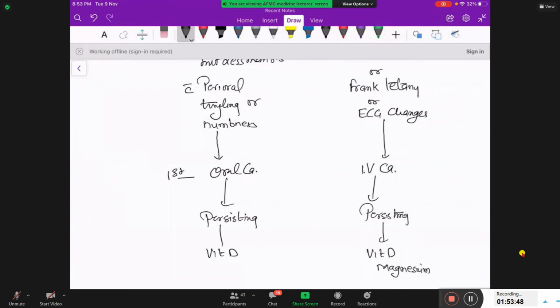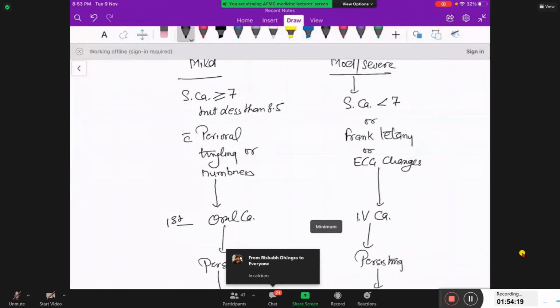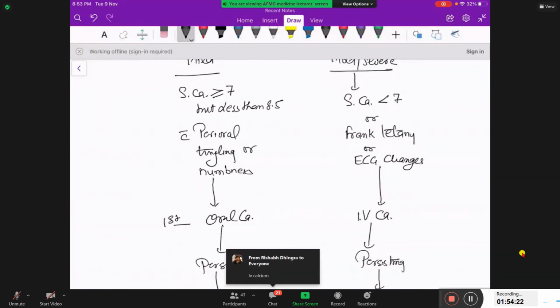You did a biochemical evaluation of the patient. Serum calcium of the patient was found to be 7.5. What will be your next step? Choices are oral calcium, IV calcium, oral calcium with vitamin D3, IV calcium with vitamin D. 7.5.